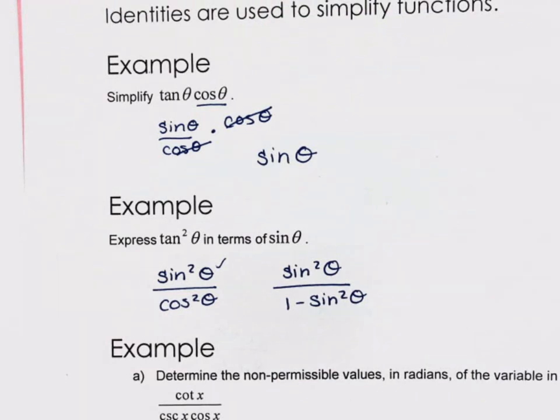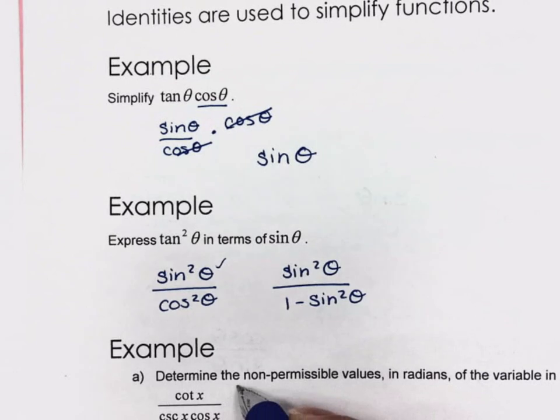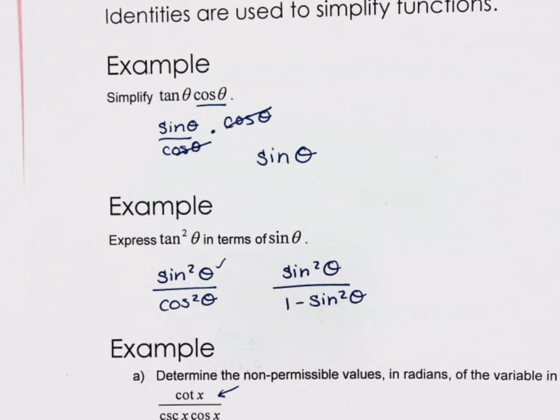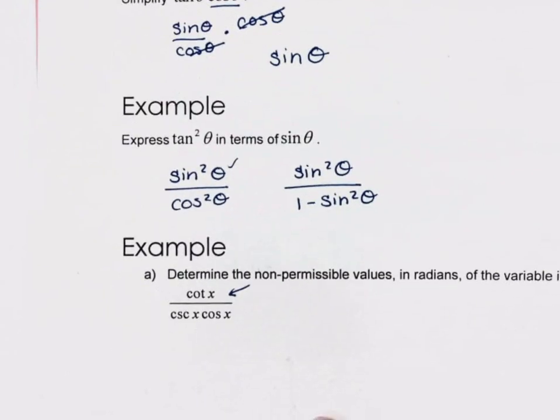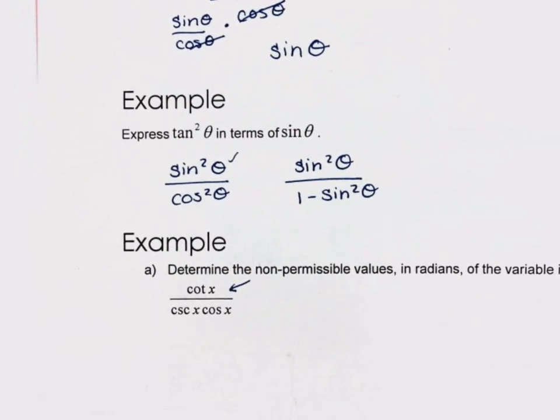All right, non-permissible values, our favorite thing to do. We've got hidden non-permissible values and we have straight up non-permissible values. There's a hidden non-permissible value in here. What is that? Simplify, I'm not going to say simplify because we don't want to cancel anything out. You remember, factor everything, do NPVs, then cancel stuff out, then simplify.